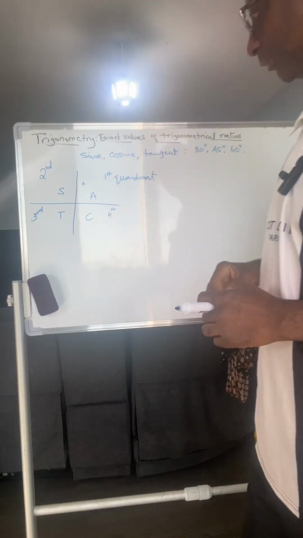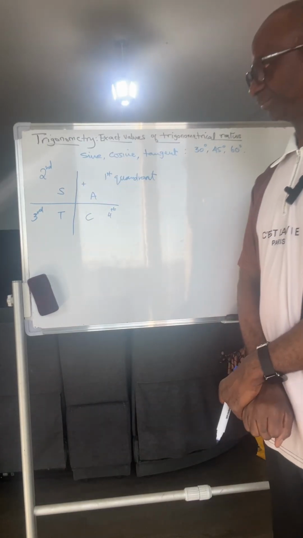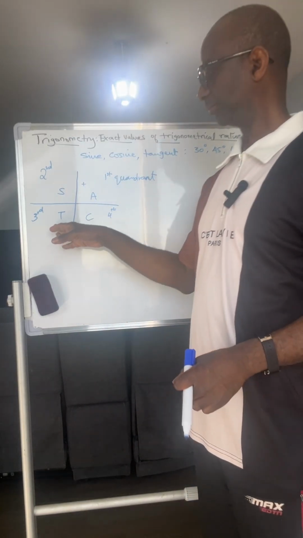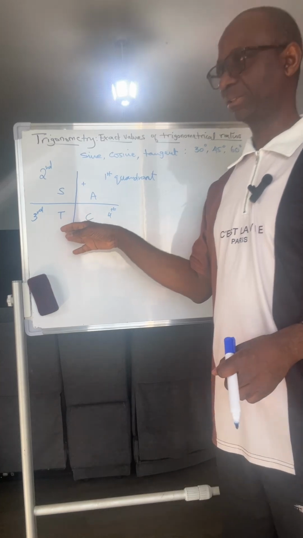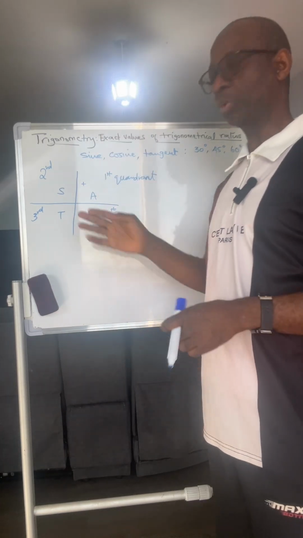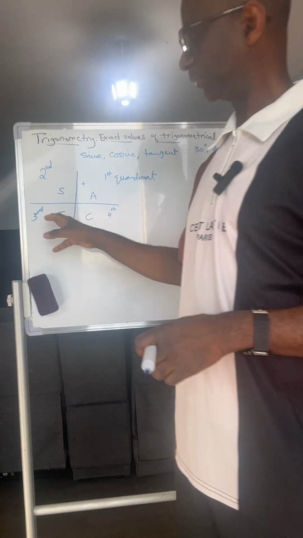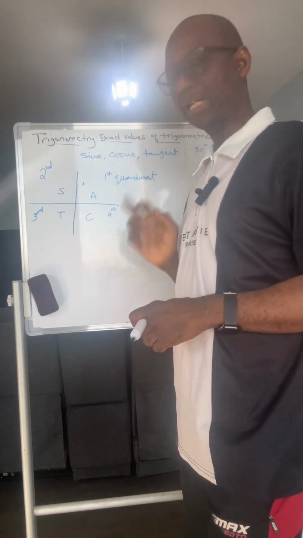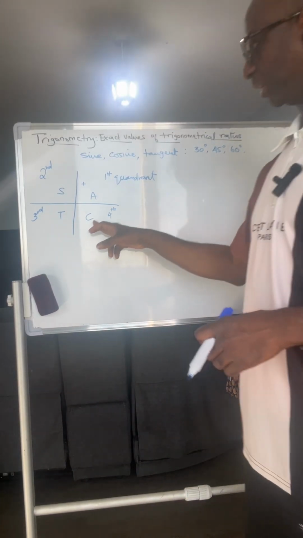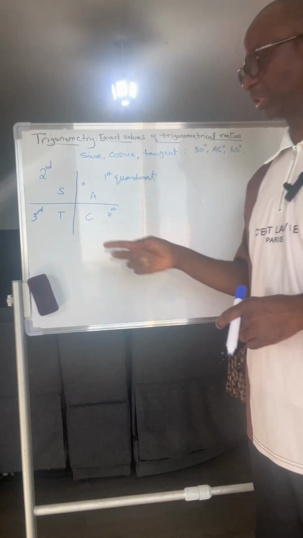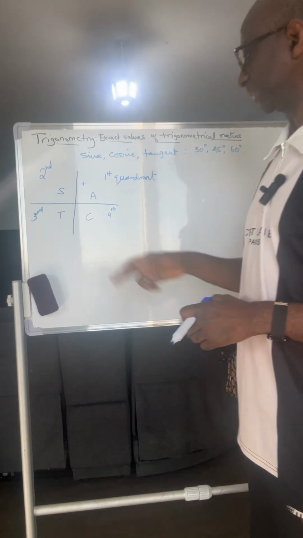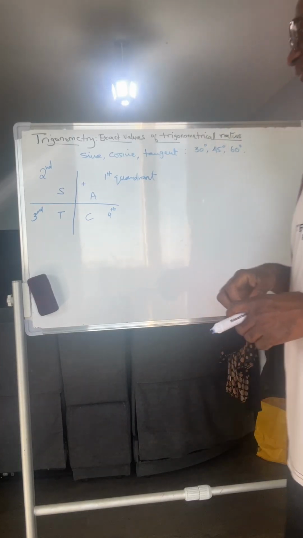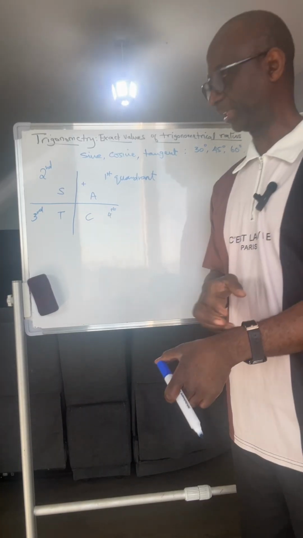The rest are negative. Here, only the tangent and its reciprocal, the cotangent, are positive in the third quadrant. The rest are negative. Similarly here, the cosine is positive, and the secant, the rest are negative.